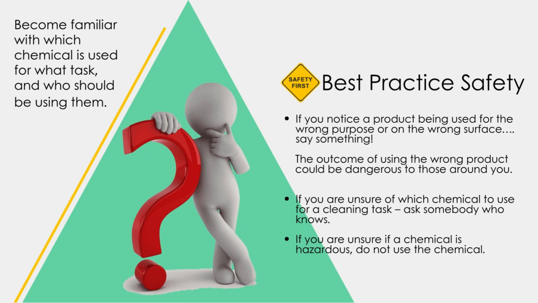The outcome of using the wrong product could be dangerous, not only to those around you, but to yourself as well. If you are unsure of which chemical should be used for a specific cleaning task, always ask someone who knows. If you are unsure if a chemical is hazardous, do not use this chemical.